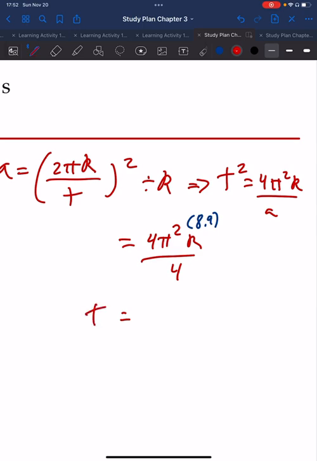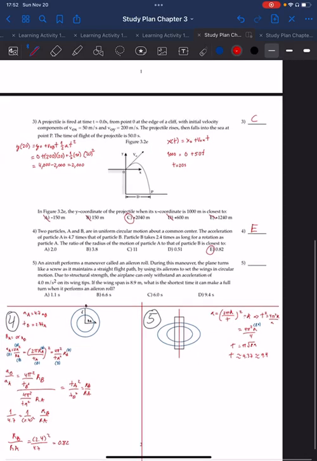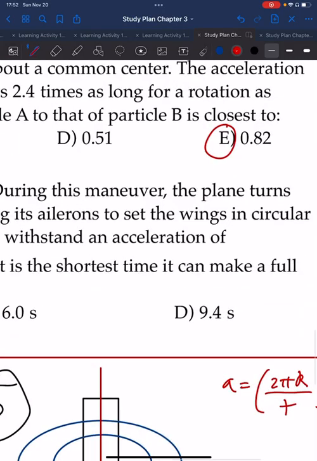And then T equals pi times the square root of 8.9, which is close to 9.37, so about 9.4 seconds.